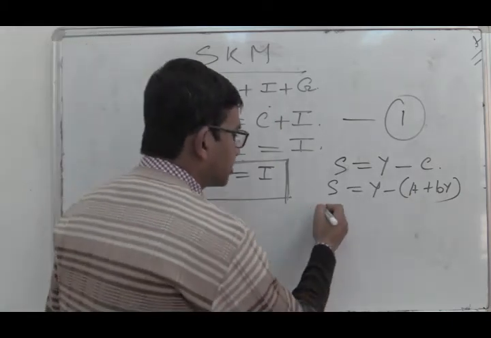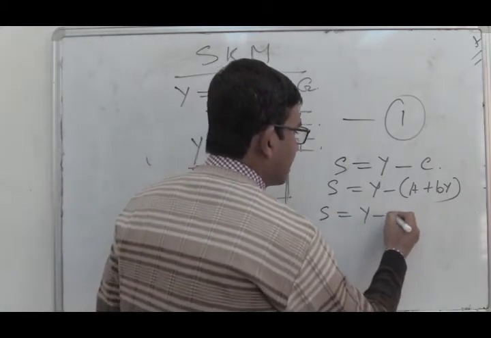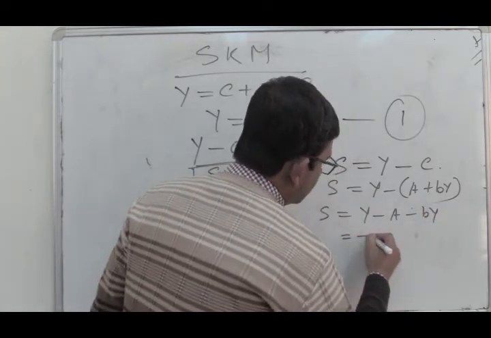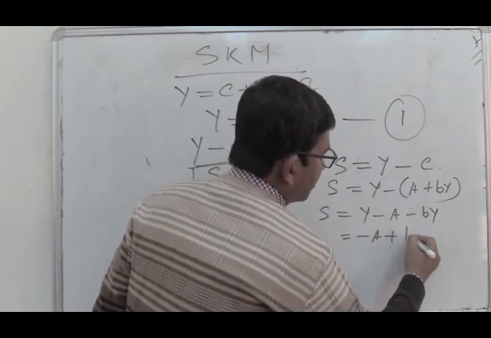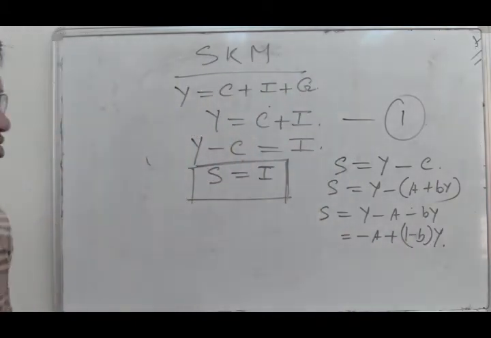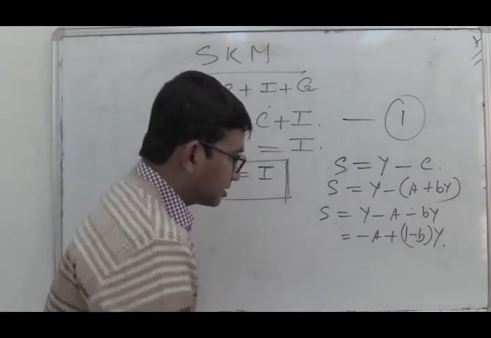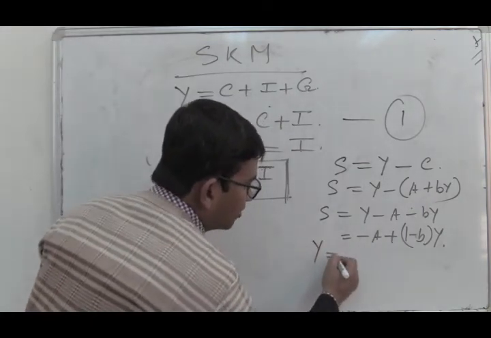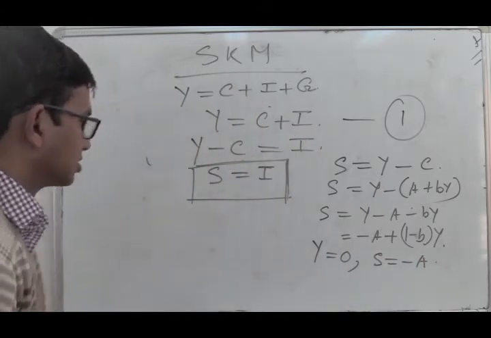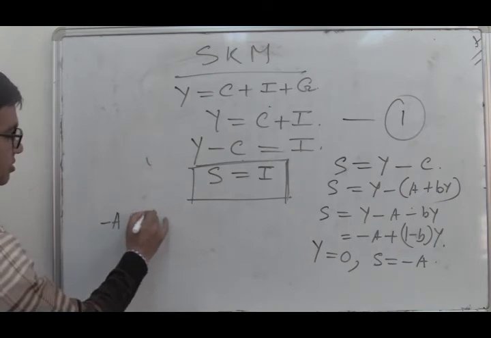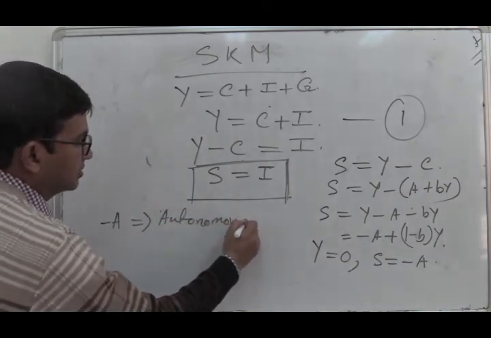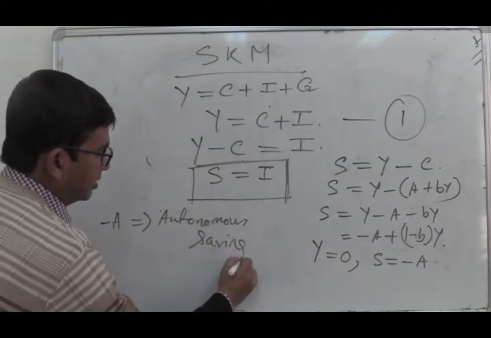In other words, we can write S equals Y minus A minus BY, or minus A plus 1 minus B into Y. Now if we consider Y equals 0, S equals minus A. So this minus A is known as autonomous saving.